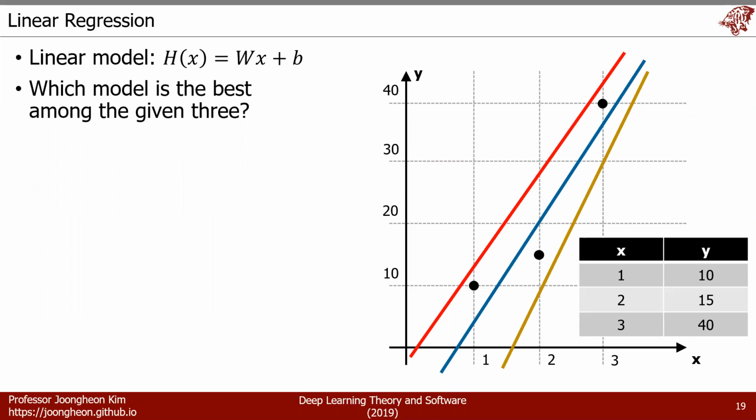Here, the model is called h of x because in statistics, that is called the hypothesis. That's why we usually use capital H to represent the model. And the angular value is capital W. The reason we use capital W is that W means weight, which is used in neural networks.